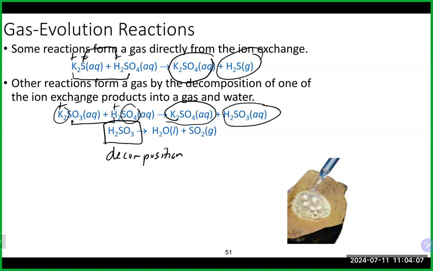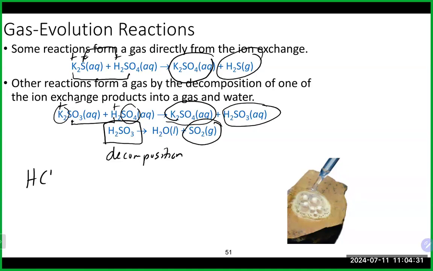And it will break apart, in this case, into water and SO2 gas. So this is a double displacement reaction followed by one of the products going through a decomposition reaction, basically breaking apart and forming a gas. This also happens a lot of times when you look at something like Alka-Seltzer, things like that. Plop, plop, fizz, fizz.